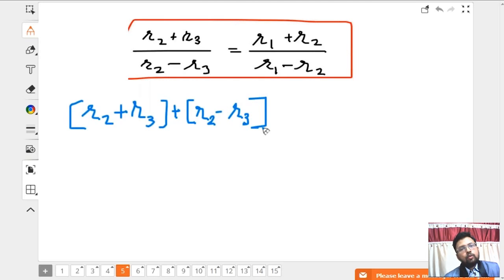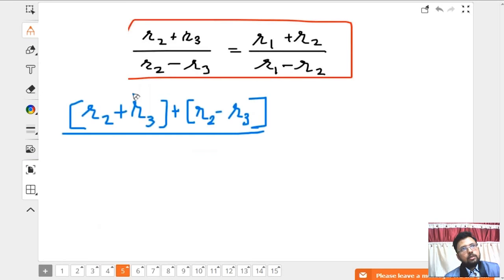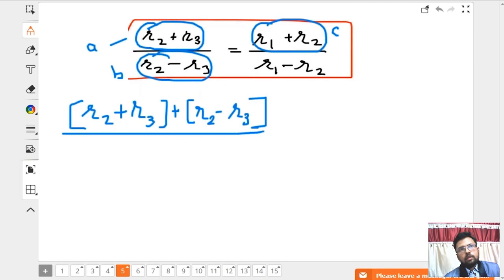We have added the numerator and denominator in the numerator, so we have done A plus B. Here A is this whole thing, this whole thing is B, this whole thing is C, and this whole thing is D. So R2 plus R3 plus R2 minus R3 divided by what will come?